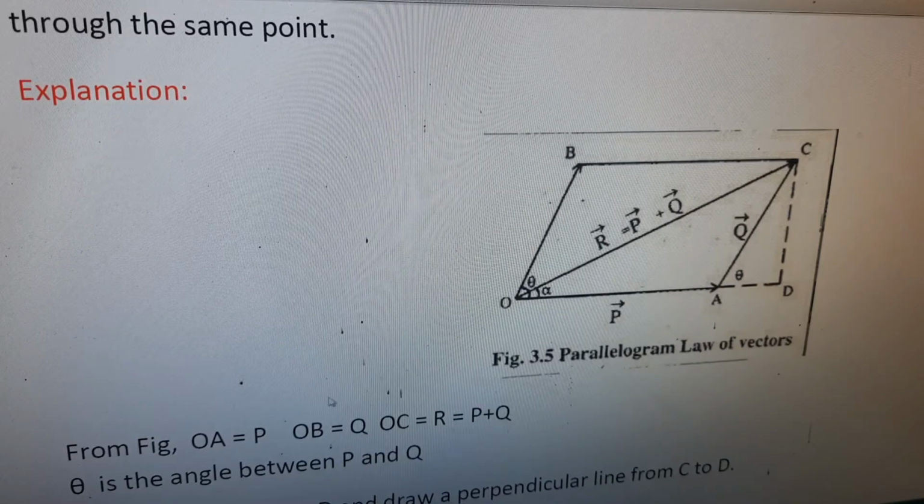And now from the figure OA is equal to P, OB is equal to Q, and OC is equal to R, that is equal to P plus Q.